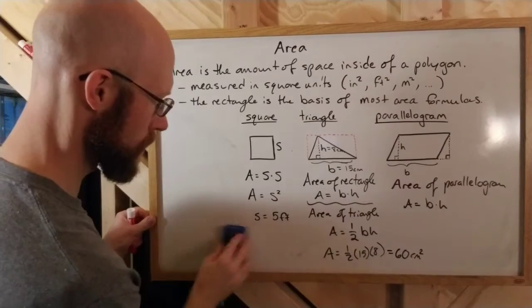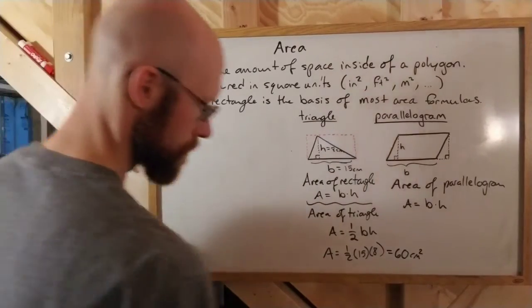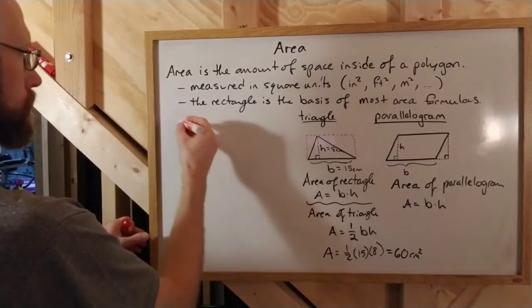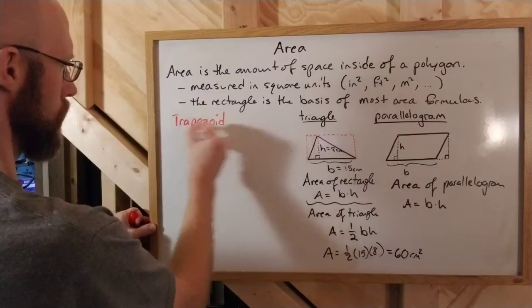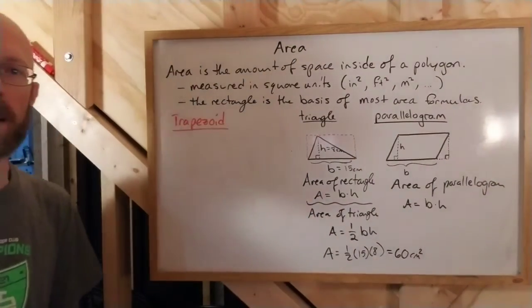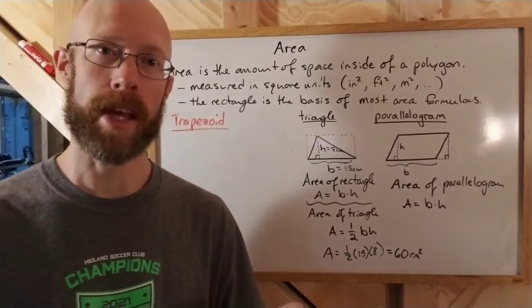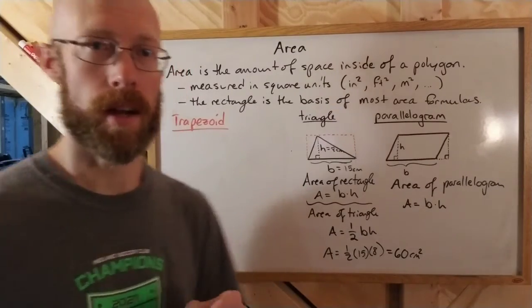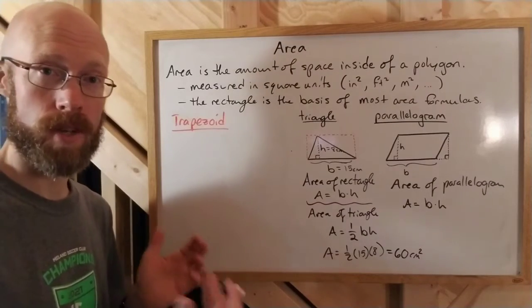I'm going to take a little bit more space for this one. And I believe I spelled that right. The trapezoid is a quadrilateral again, but this time it only has two sides that are parallel. Okay, the other two sides are not necessarily.